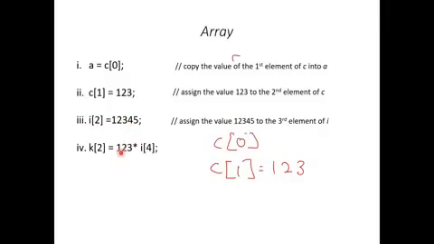And then the last one, we multiply the value inside array I, element number 4, with 1, 2, 3. And then that particular value, we copy and paste it into array K, element number 3, which is at index number 1.